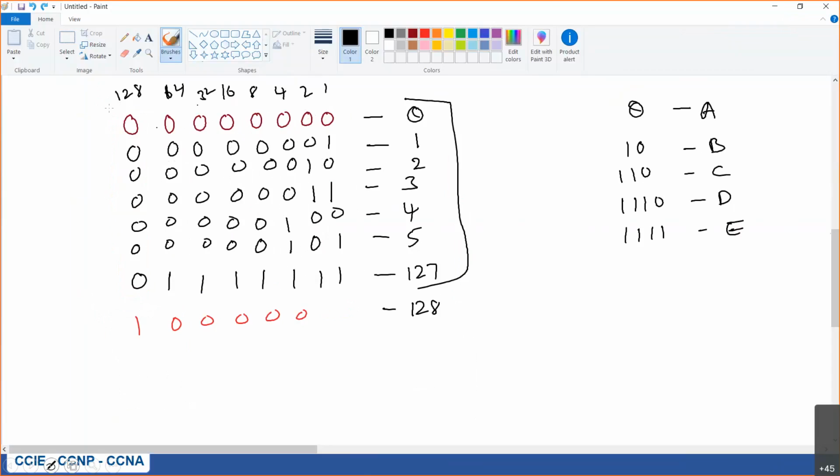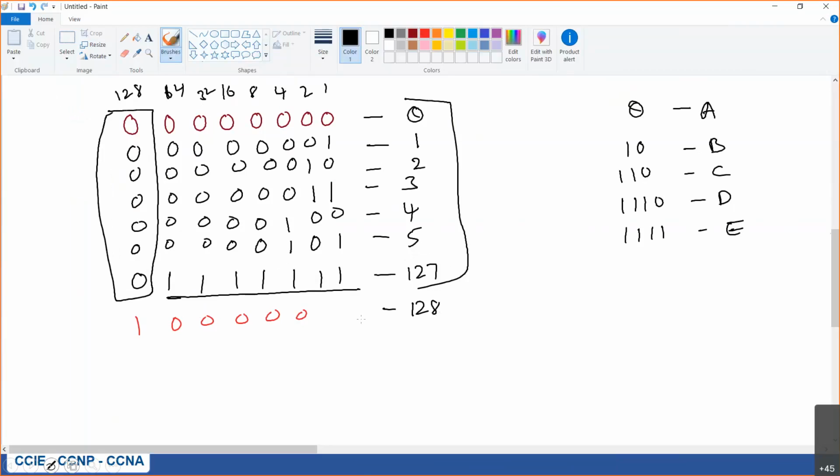But what about the first one? No changes, only 0. It means that bit has been reserved. The last combination is 127, which is 0 1 1 1 1 1 1 1. So all the remaining bits are changed except the first bit, so the first bit is 0 only.